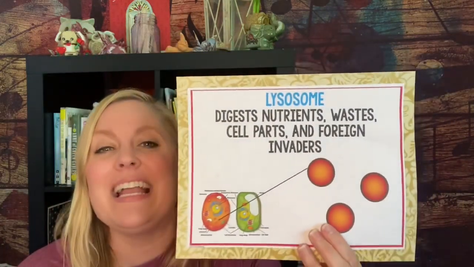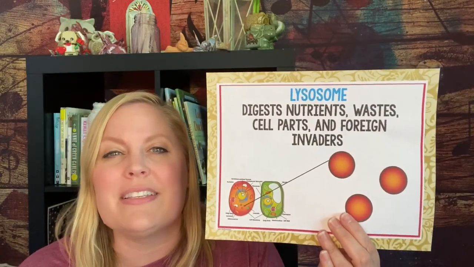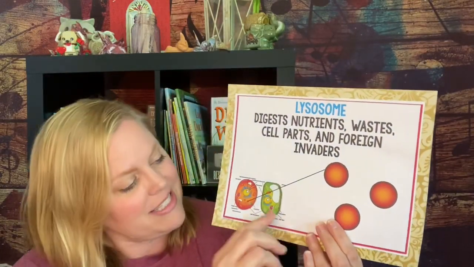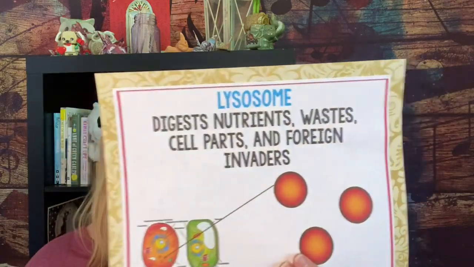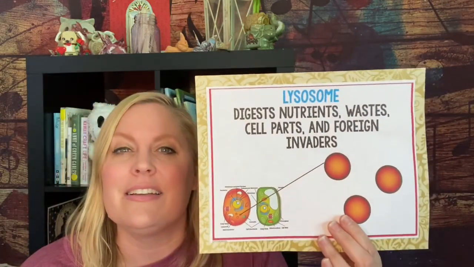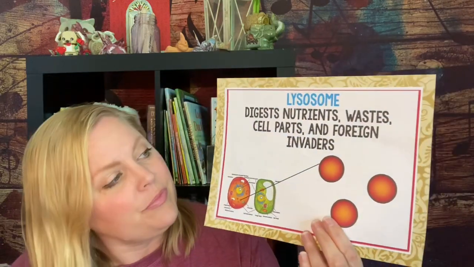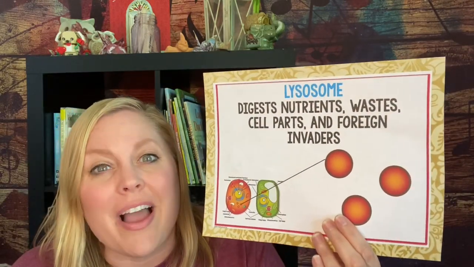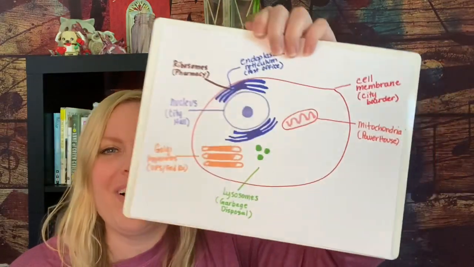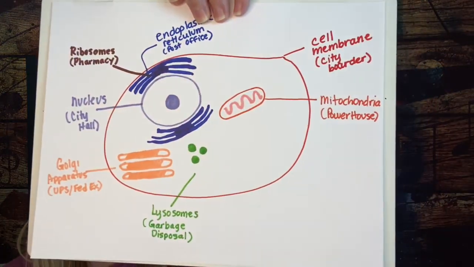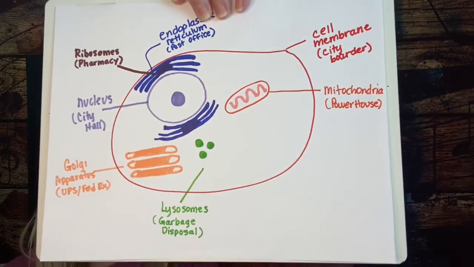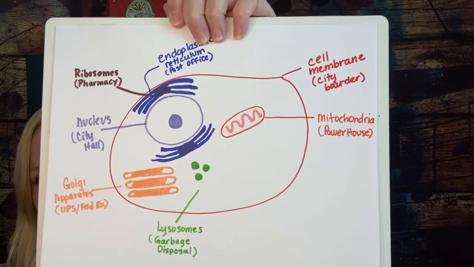So it collects and digests all of the waste. So this in our city that we're designing is kind of like a garbage disposal. Okay, so let's draw that one. Here are our lysosomes, known as the garbage disposal in our city.